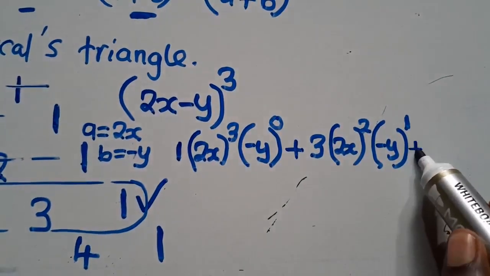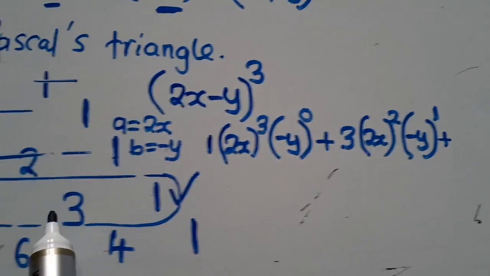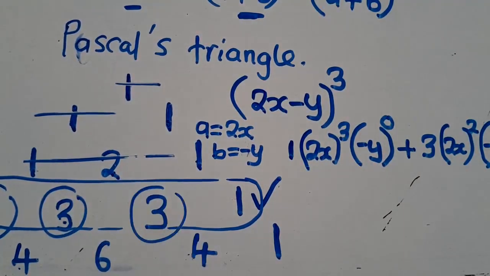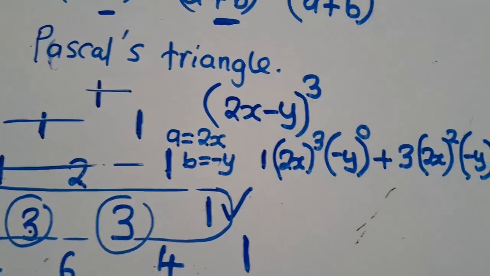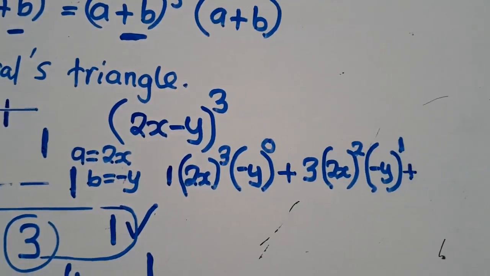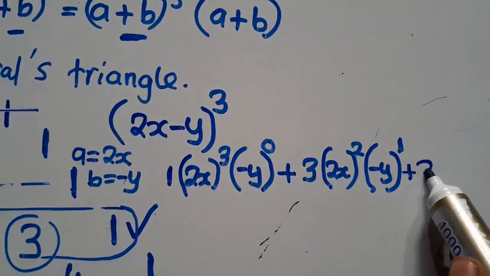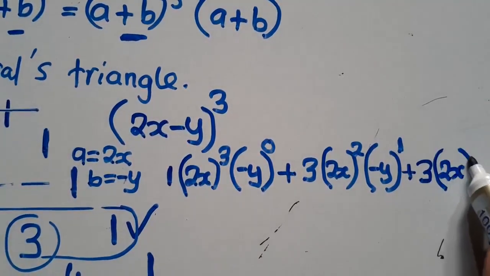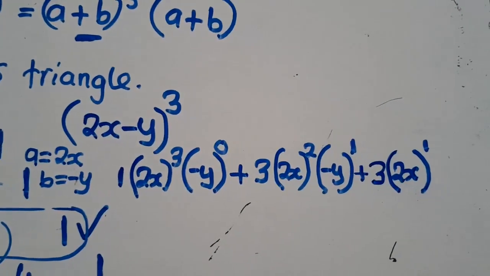I'm done with this, I'm done with that. I move to that one now. It is 3, so I put plus 3, where A, 2x, will have power 1.